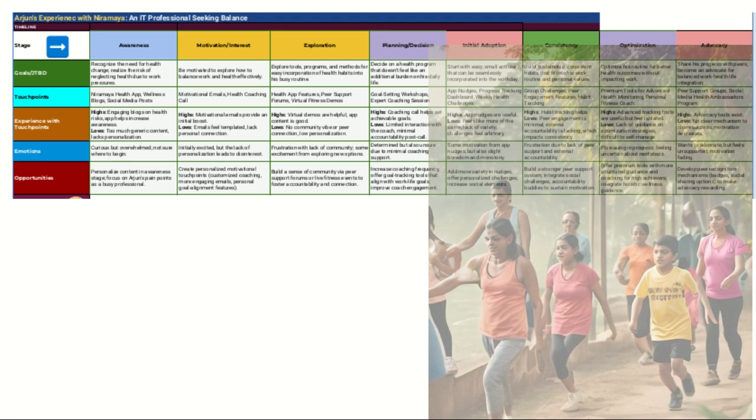Because if at any stage the experience is not that great, then the persona might opt to leave the experience. In the sense, after awareness, Arjun may not progress to motivation, or after exploration, Neha might decide, I'm done, this is just not working out, I'll go for different options.